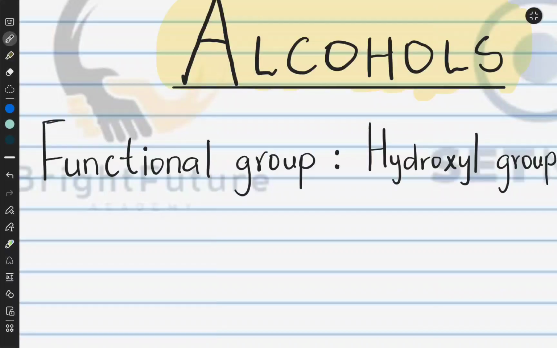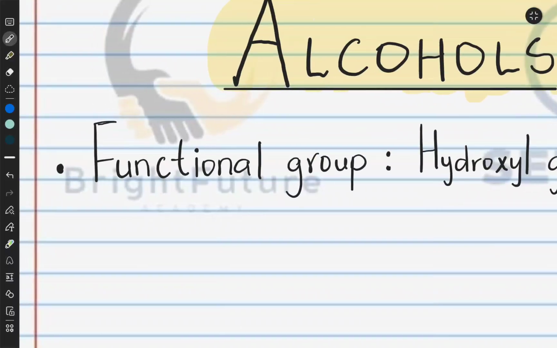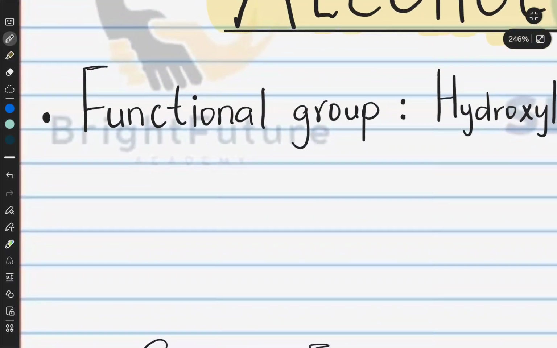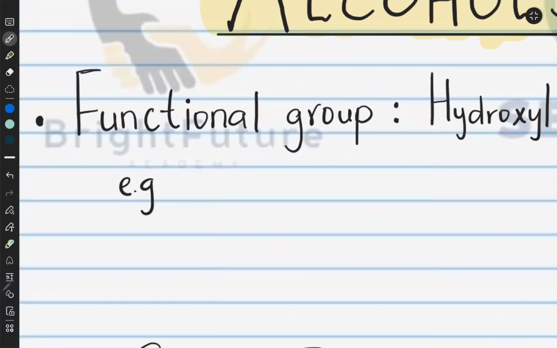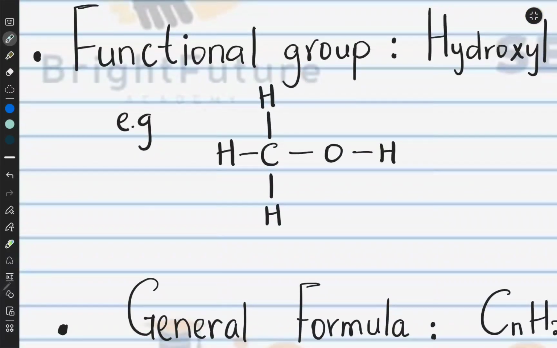Of course, we'll learn how to name them later on in the video. And then if we have, let's say, ethanol, you would have your hydroxyl group there, or at the back or at the top, it doesn't matter really. Right, this is ethanol.